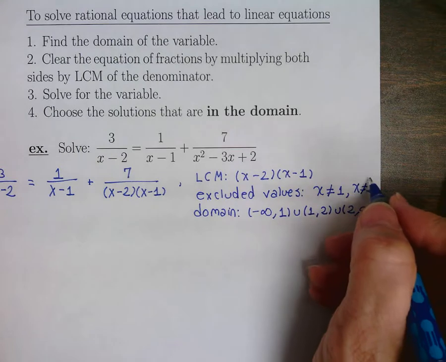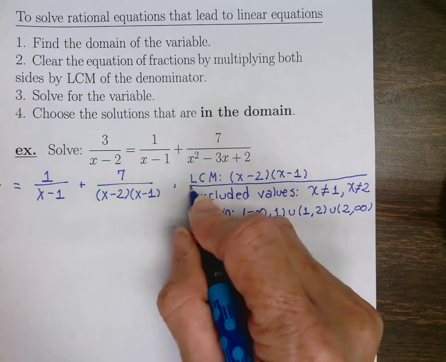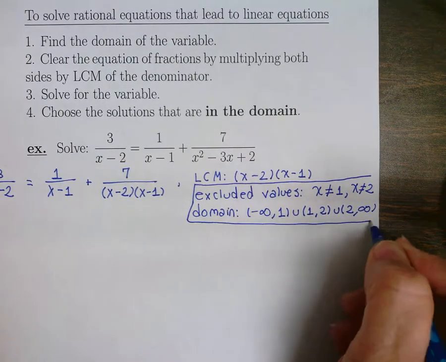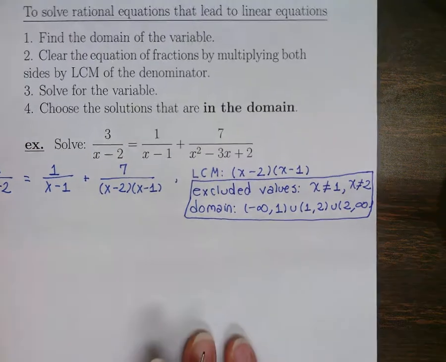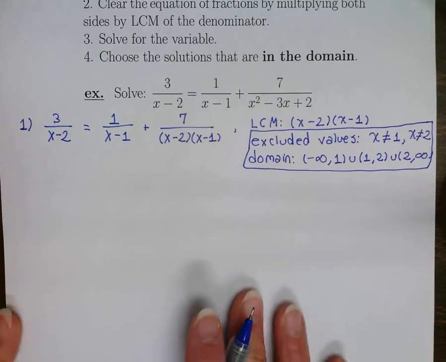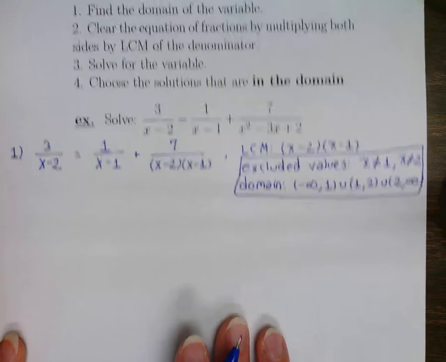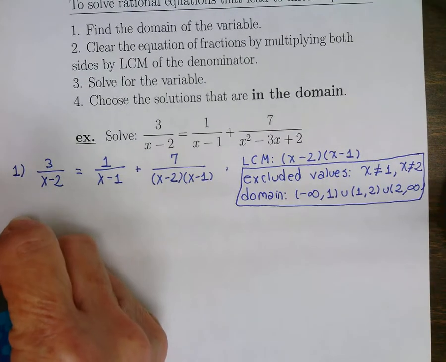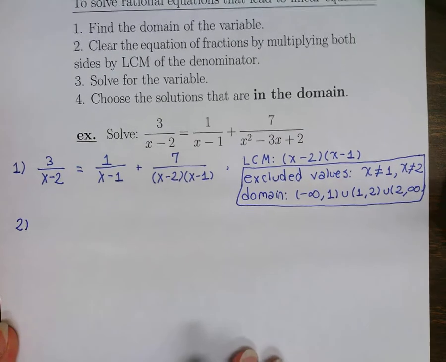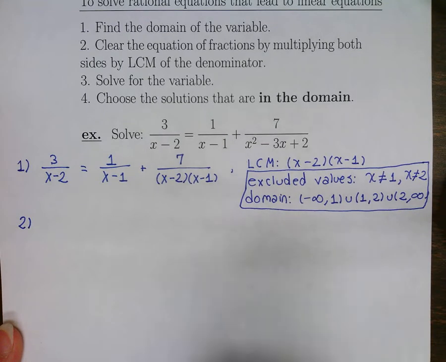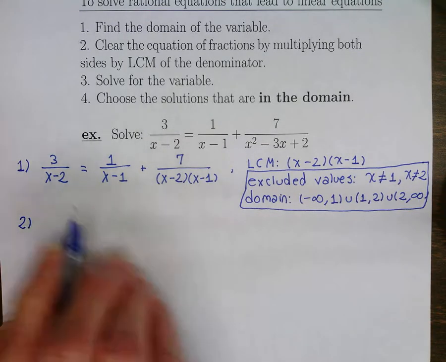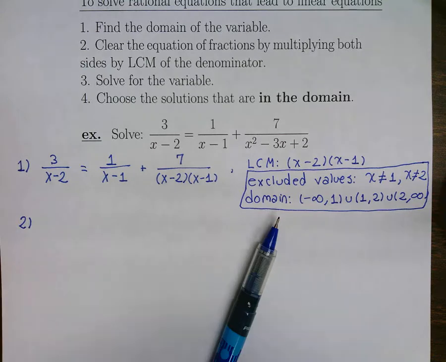So when I am looking for my solutions, I have to pay attention to this and make sure that my solutions are in that domain. Okay, so that's the first step. Once we have that done, then we just go through a very similar process to the last example, only we're doing it with variables. We multiply each term by that least common multiple.